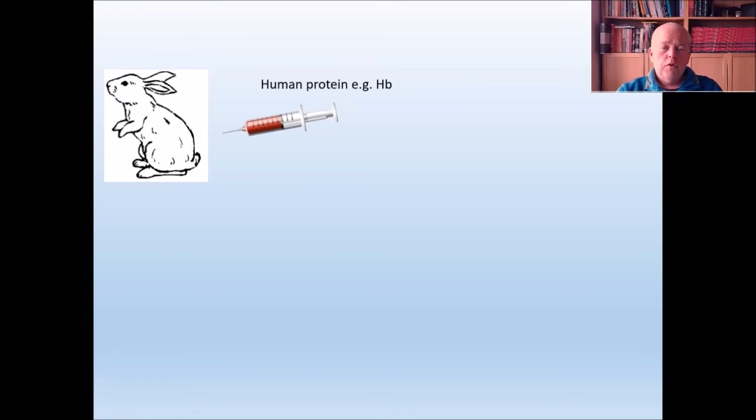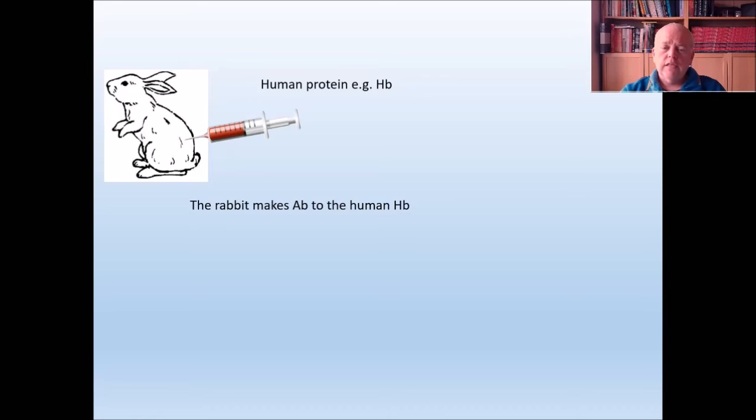So the rabbit gets some hemoglobin injected into it, and as a consequence, because the human hemoglobin was injected into the rabbit, there would be an immune response and it would produce B cells, which would result in production of antibodies. So we get an increase in antibodies within the blood of the rabbit over a period of weeks following the injection.